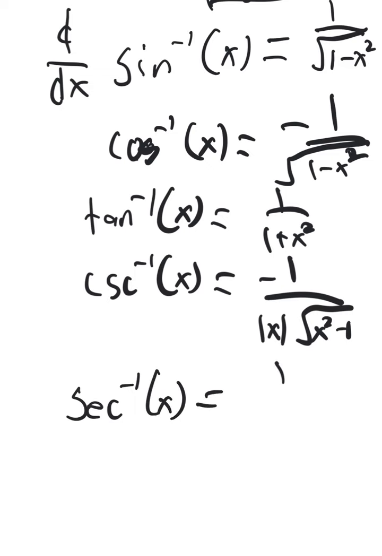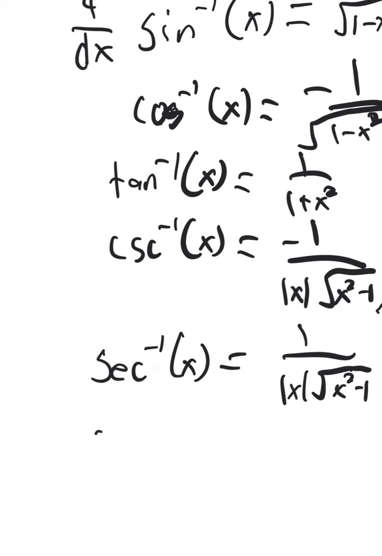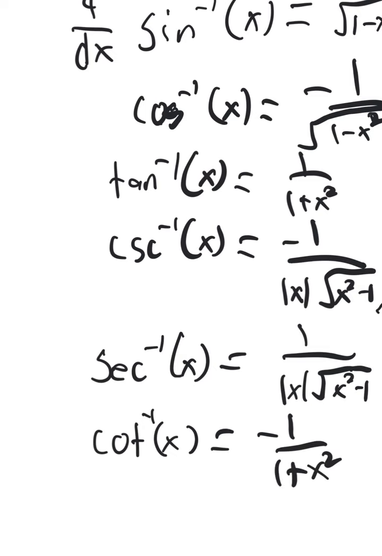So secant inverse is then 1 over absolute value of x, square root of x squared minus 1. Same thing as up here, but without the negative. And then lastly, there's cotangent inverse of x, which is negative 1 over 1 plus x squared.